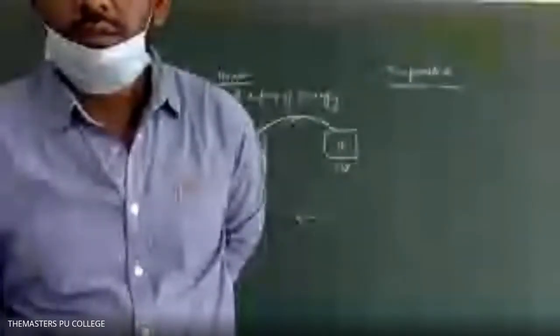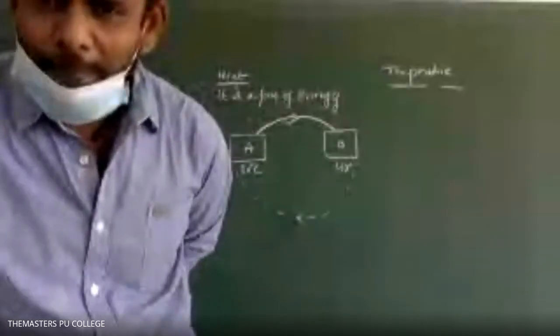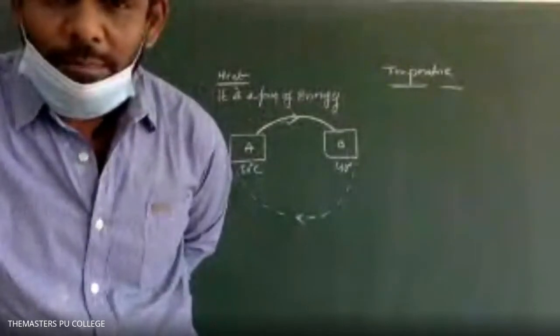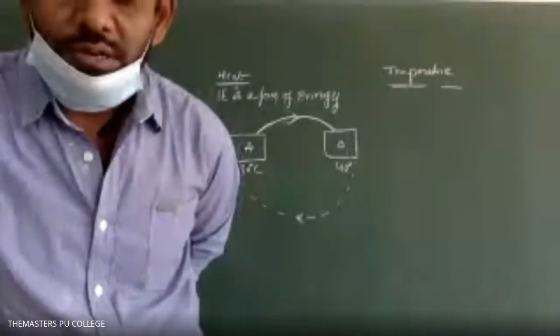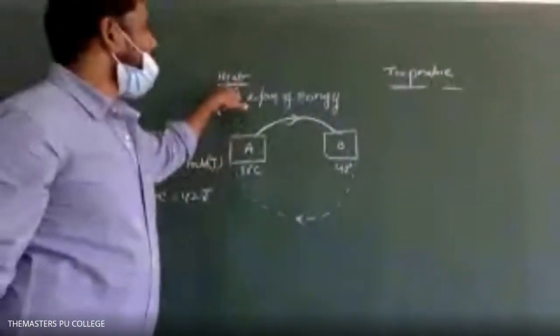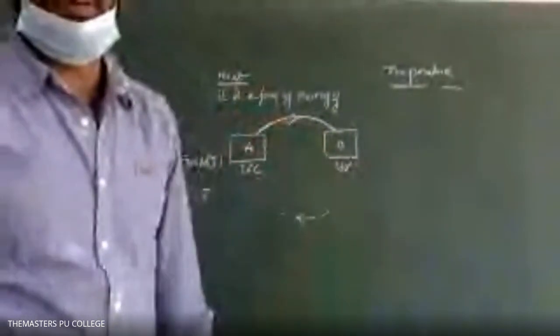Sir, can you please come aside, sir? 1 calorie equals how many joules, sir? 4.2 joules or 42 joules? Keep 4.2. Just let me narrate, then you can narrate it. Okay?